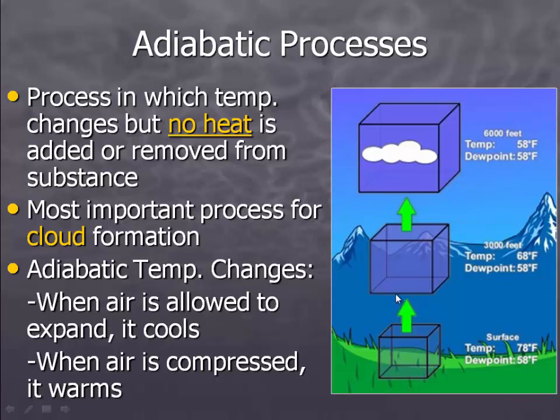For example, in this image on the right-hand side, we have this theoretical parcel or box of air. As we lift the box of air, the temperature decreases. So you're saying, well, there's got to be heat moved through the system. Actually not. The system is the box, and what happens to the box as it rises, you can see it's expanding. So the volume is increasing as the temperature decreases, and that kind of negates this difference of a lower temperature.